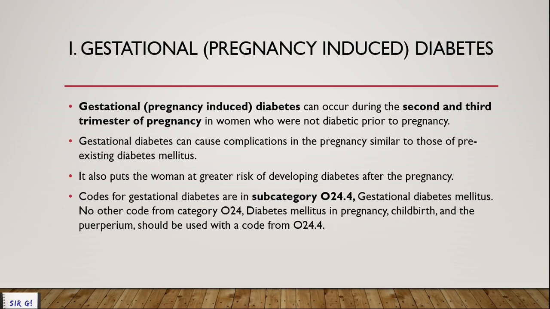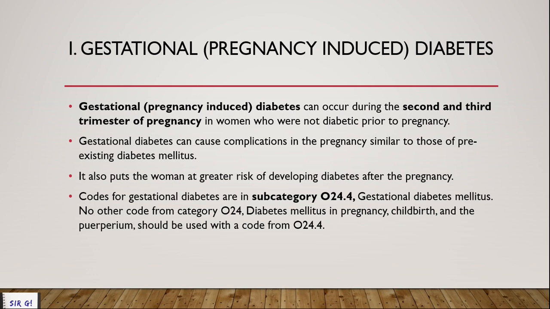Next, gestational diabetes. Now, when you say gestational diabetes, it's pregnancy-induced diabetes, meaning the patient suffered diabetes due to the pregnancy. When they say gestational, it's obviously pregnancy-induced. Okay? It occurs in the second and third trimester of pregnancy in women who are not diabetic prior to the pregnancy. So that means it only happens because of the pregnancy.